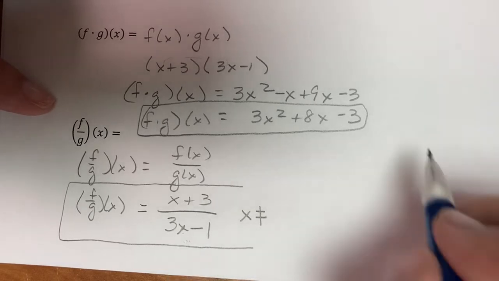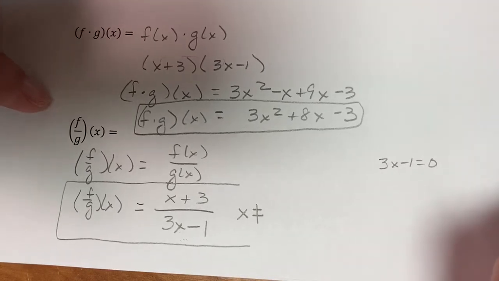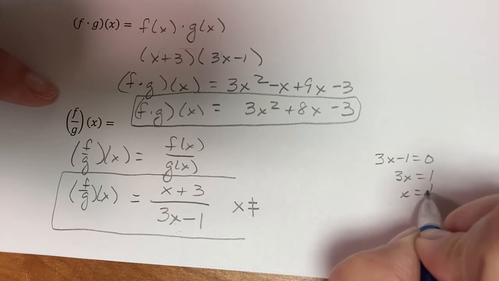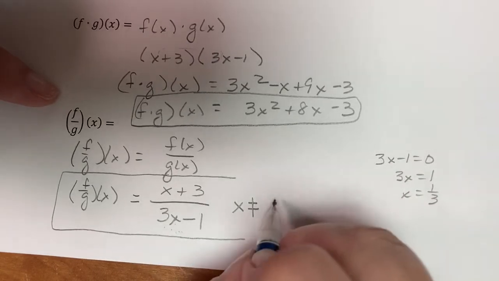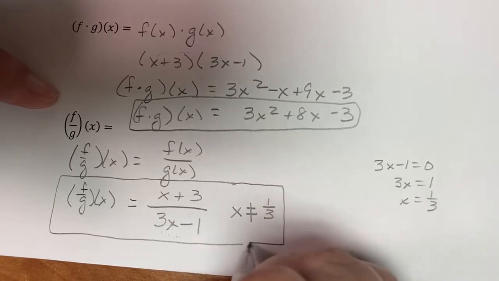Well, if you can't tell by just looking at it, you can go over here, use some scrap, and set it equal to 0. So I'd add 1 and divide by 3. That one value is 1/3. If x was 1/3, I'd have a denominator of 0. So x cannot equal 1/3.